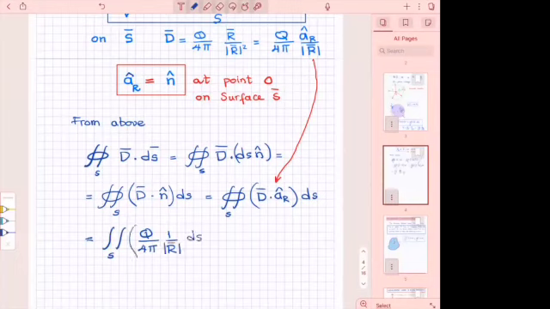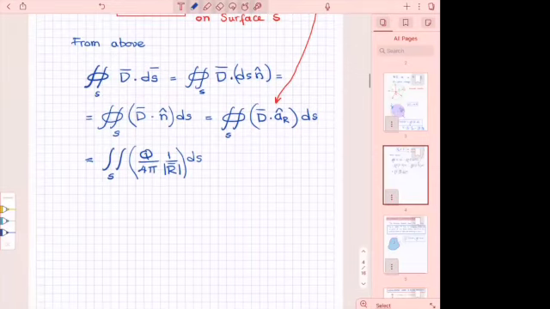So now we removed all of the vectors and we have a scalar in the integral. Let's think how we write the surface integral in spherical coordinates.